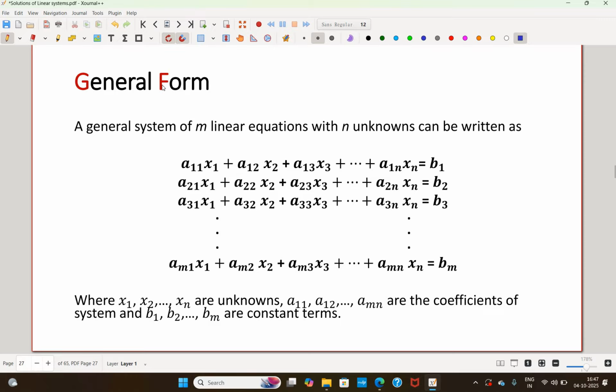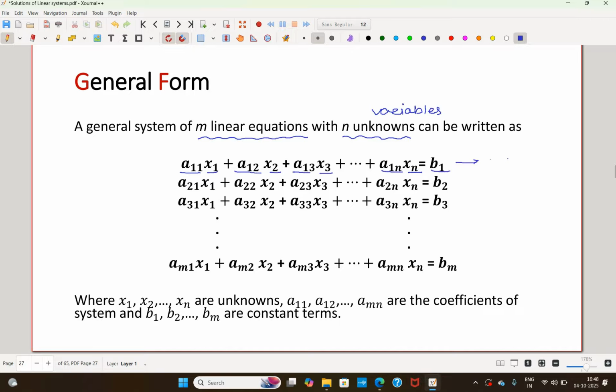Now let us understand the general form of a system of linear algebraic equations. Again, as I discussed earlier, we are going to consider m linear equations and n unknowns, that means variables. Earlier we used the term variables, so we can continue with that. The first equation is a11 x1 plus a12 x2 plus a13 x3 plus and so on, a1n xn is equal to b1.